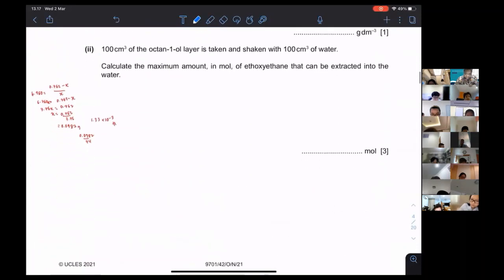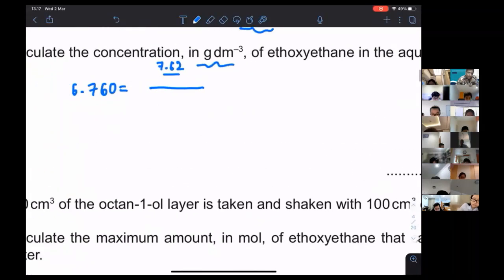If I put 74 and assume the volume is 1 dm cube, this is going to be in number of moles.